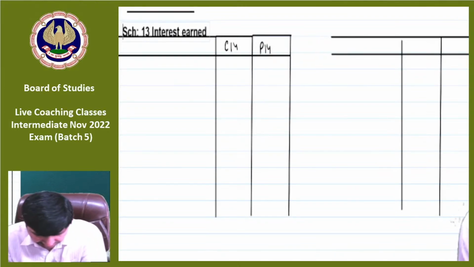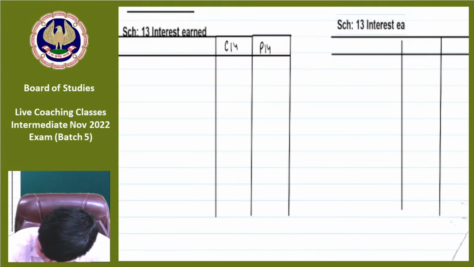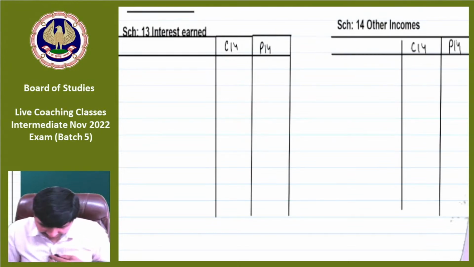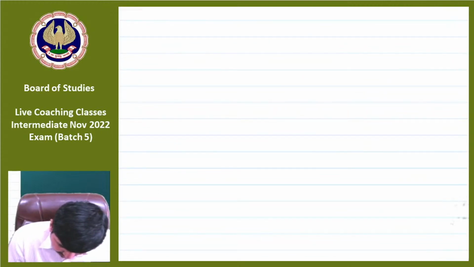Next schedule is there. That is schedule number 14. Beta, you can also prepare with this space. Maintain the space in the presentable way. Now this is schedule number 14. Other incomes. Current year, previous year, and after that, next schedules are also there.